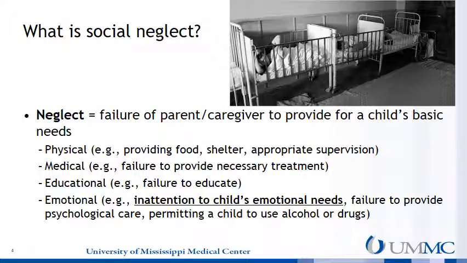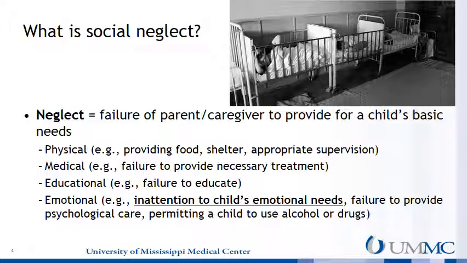So before considering the diagnostic criteria for these disorders, it's important to understand the types of events to which these disorders are anchored. Now, neglect can be broadly defined as the failure of a parent or caregiver to provide for a child's basic needs within different domains. So it could involve, for example, failure to provide food, shelter, or appropriate supervision.